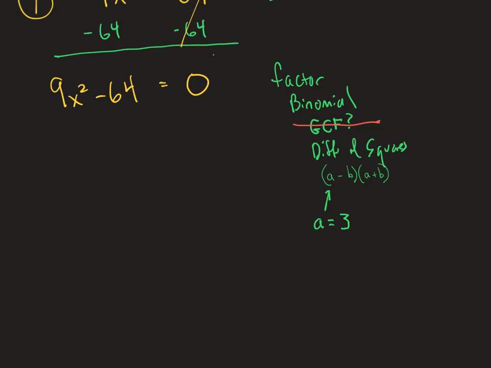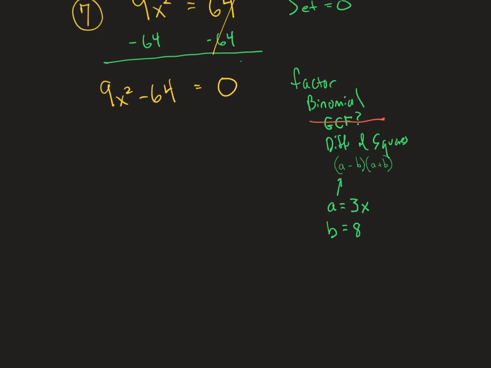And the square root of x squared is just x. B is the square root of the second term. So the square root of 64 is 8. So as long as you can work out what a is, you can work out what b is. Factoring difference of squares is not really that complicated.